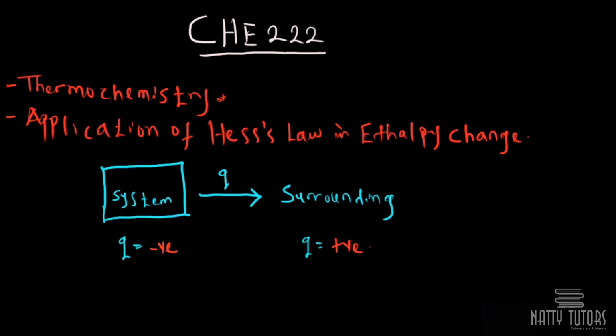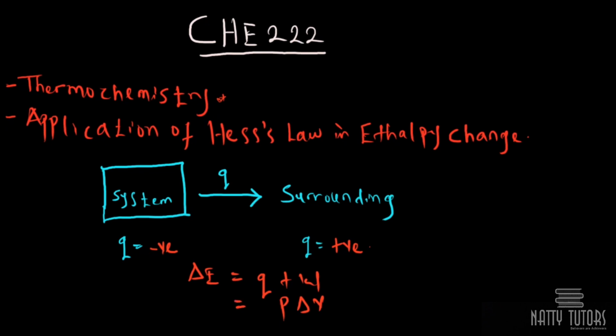So from this, we can also state that our internal energy is equal to our heat plus work done. And we can also say that work done is equal to pressure times change in volume.